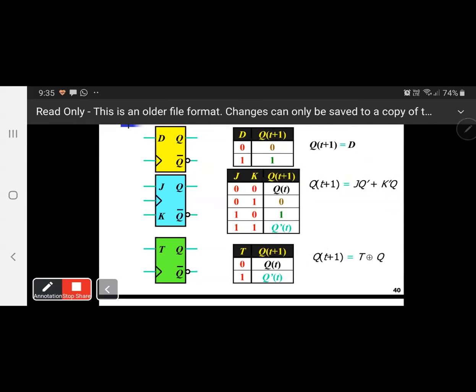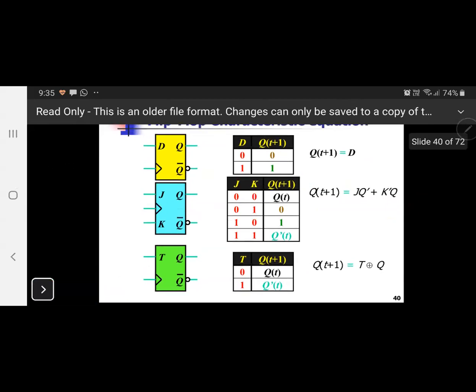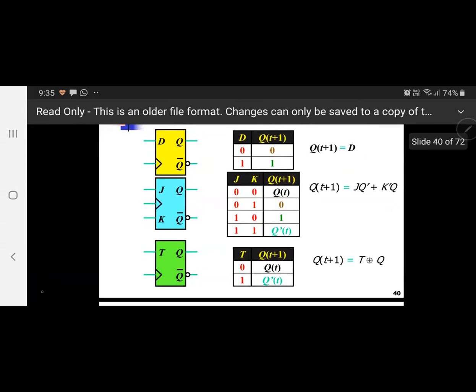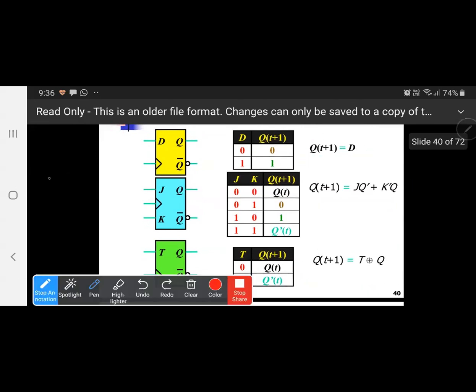So QT, T and QT plus 1: 0 0 0, 1 1 0 and 1 1. If T is 0, it gives you QT. If T is 1, it gives you the complement of QT.